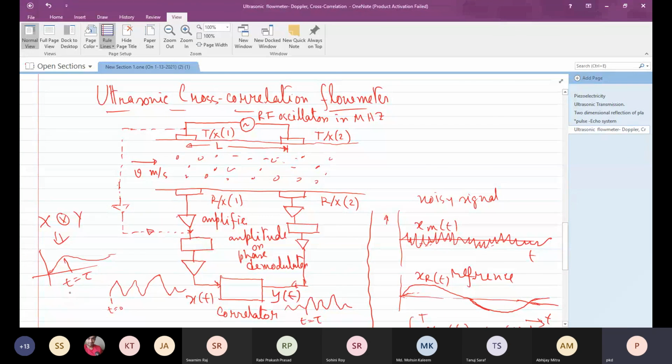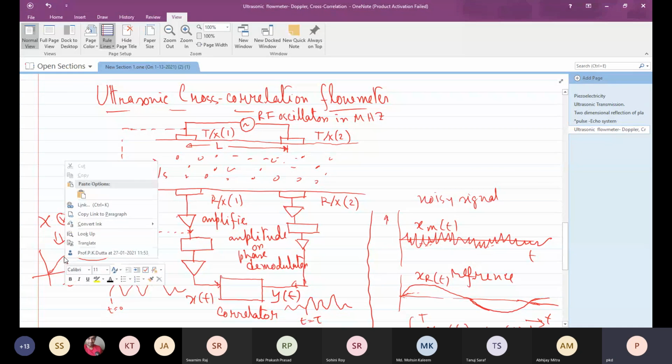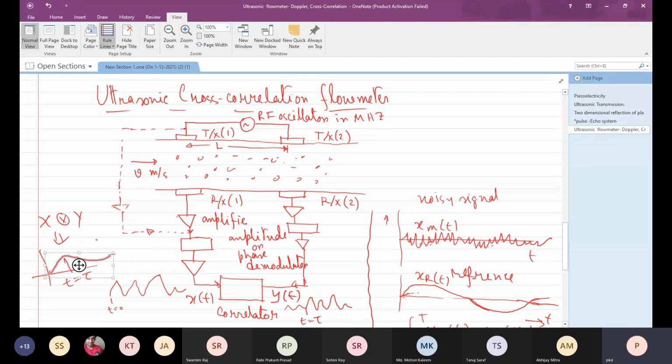So corresponding to the tau time, this maximum will occur there. Oh, okay, sir. Thank you, sir. I understood.